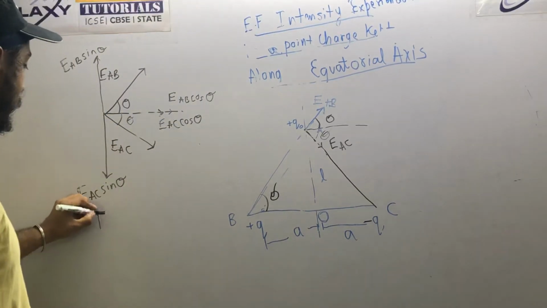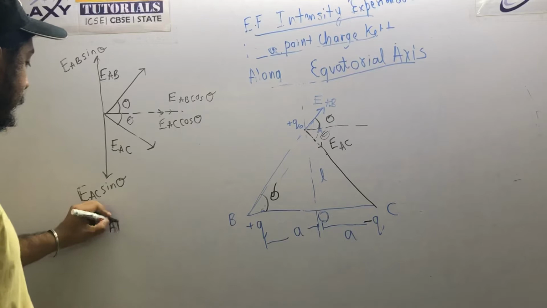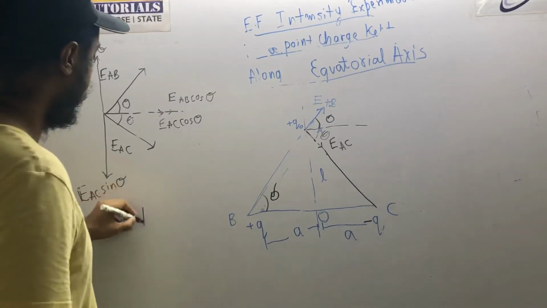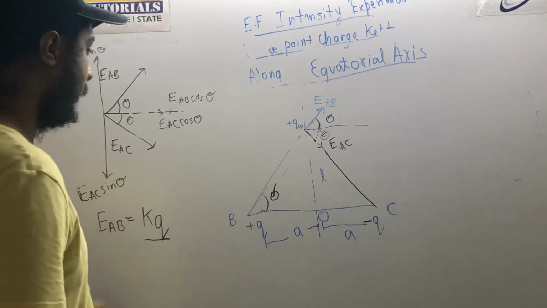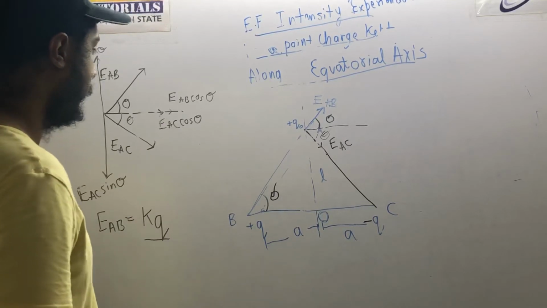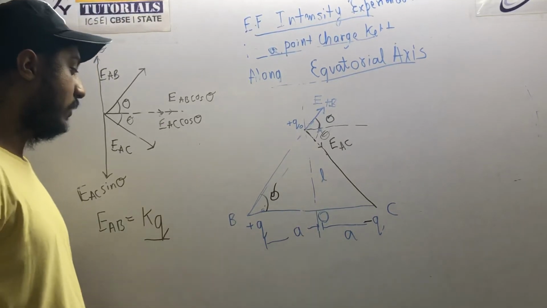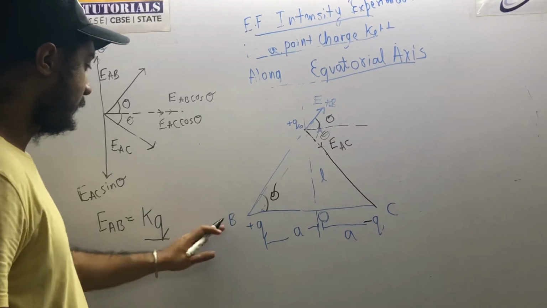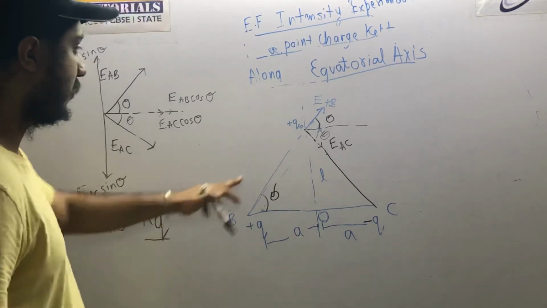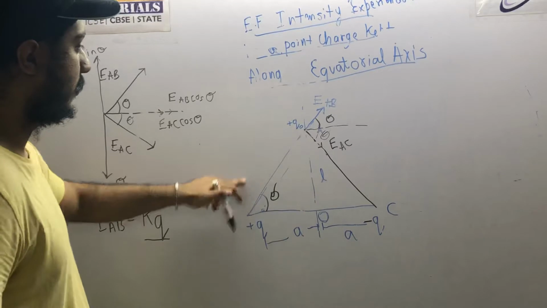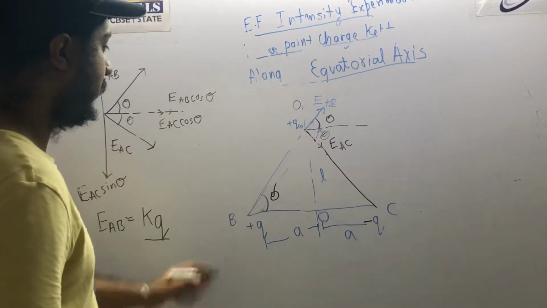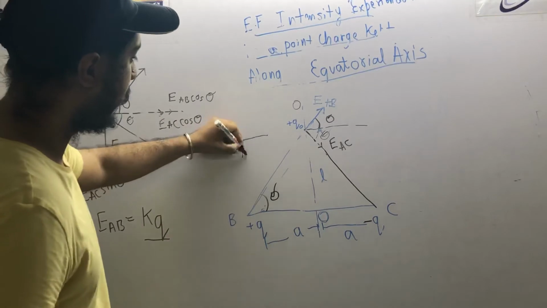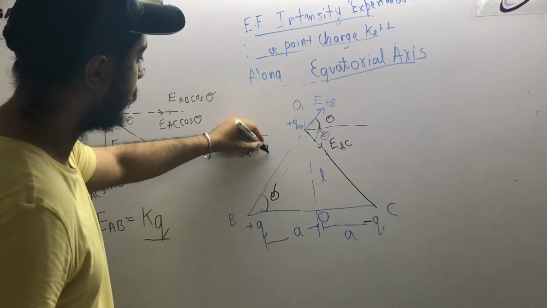So EAB will be KQ upon what? What will be this distance? Say this is point O. So distance OB will be under root of L square plus A square.